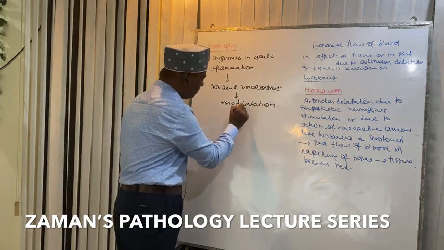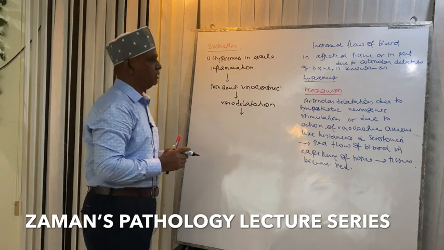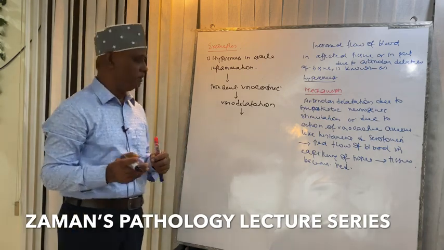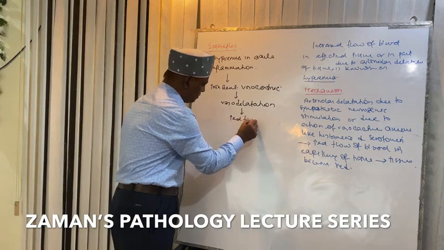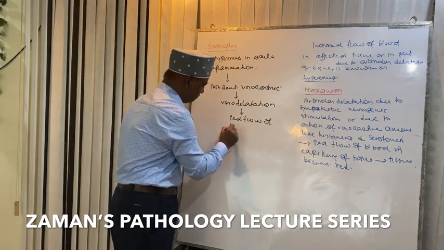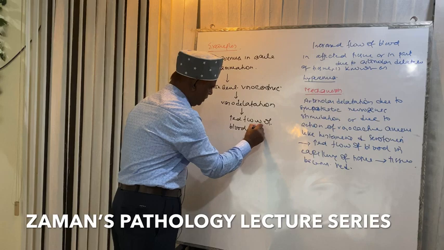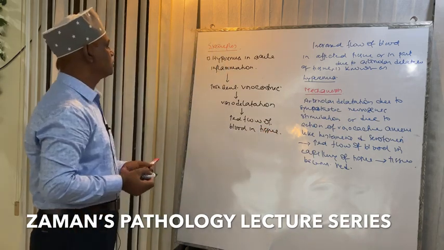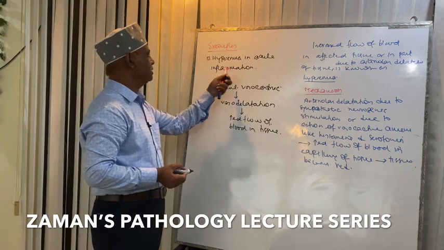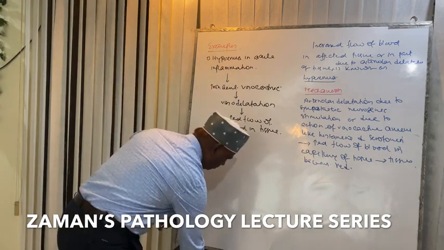Due to this arteriolar dilatation in acute inflammation, there is increased flow of blood in the tissue at the site of acute inflammation. So, hyperemia occurs in acute inflammation.